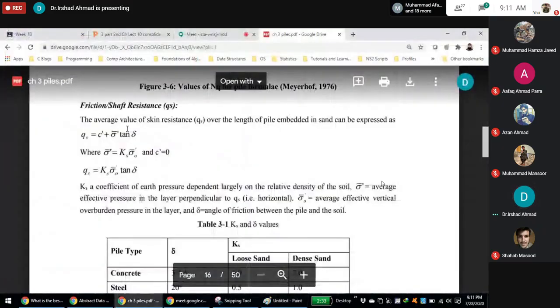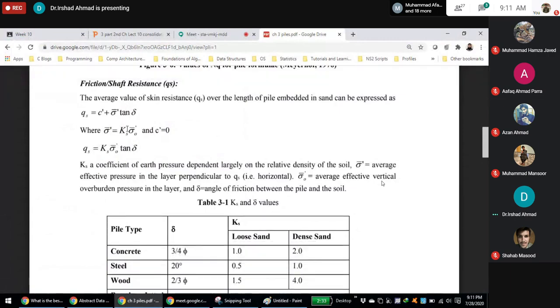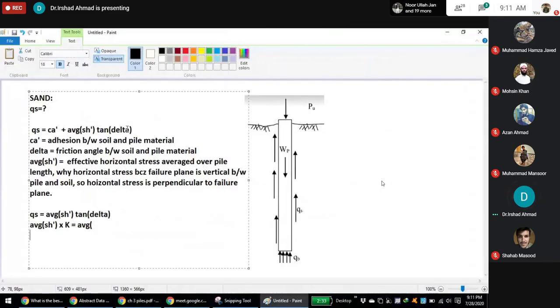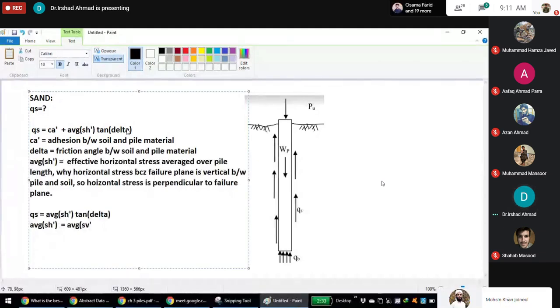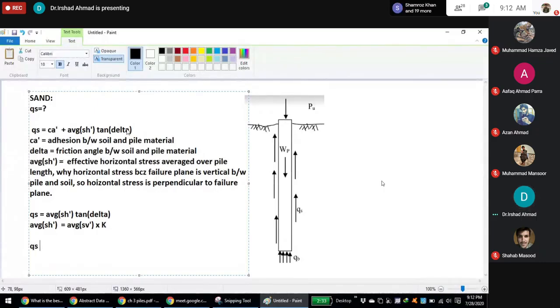Sorry. This horizontal effective stress is equal to vertical effective stress times lateral earth pressure coefficient. So the equation becomes Qs is equal to K into average vertical effective stress into tangent delta.